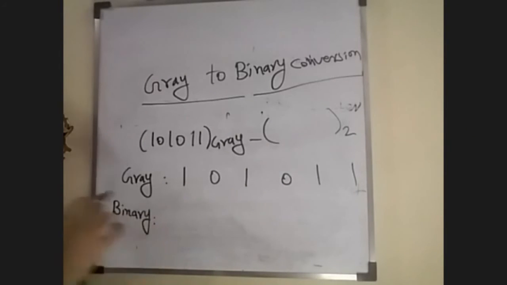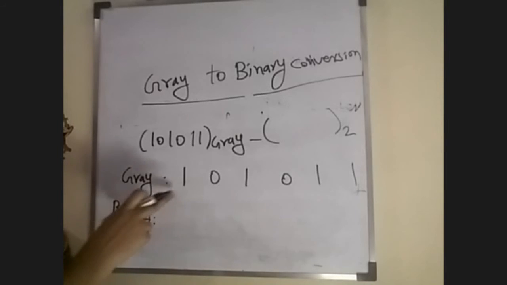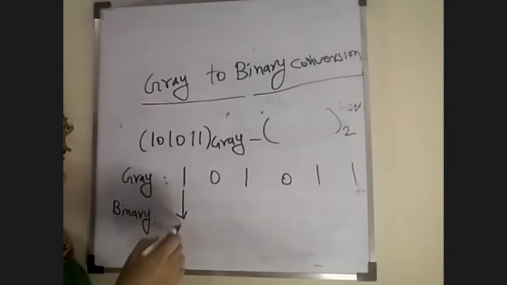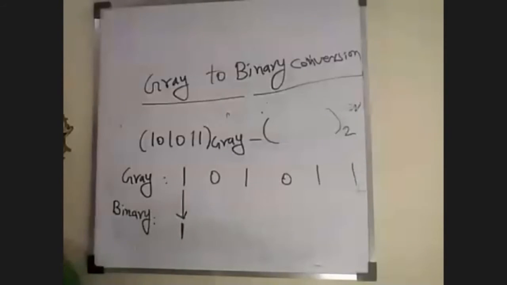What is the first step? Whatever the most significant bit in the gray code number, write it as it is in the binary number. That is the first step, right? Then what is the second step? You want to get the next binary digit.